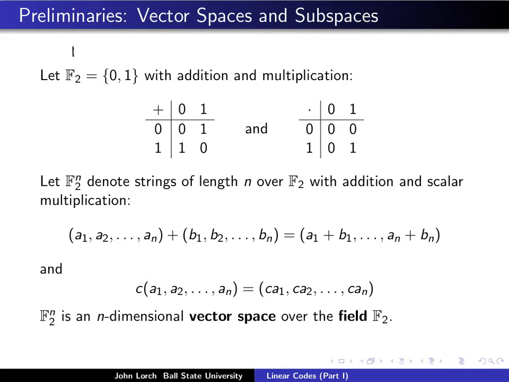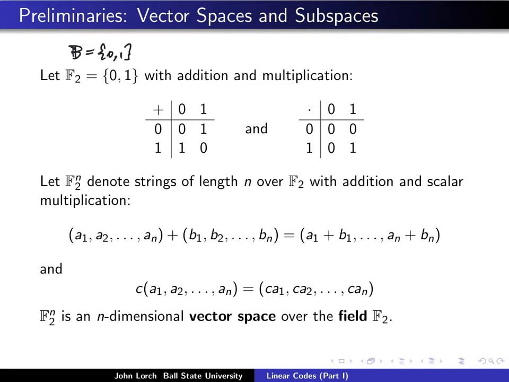So remember, up to this point, our basic alphabet of symbols has just been 0 and 1, and we haven't really been considering that as any kind of arithmetic object, but now we are going to do so.